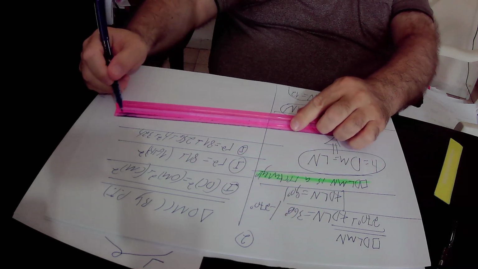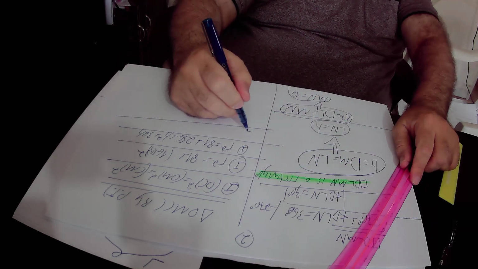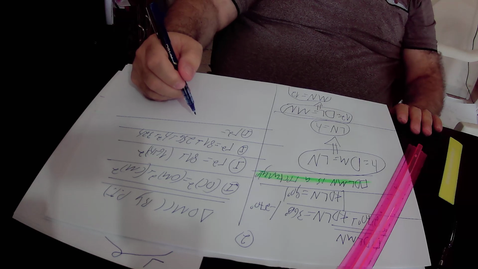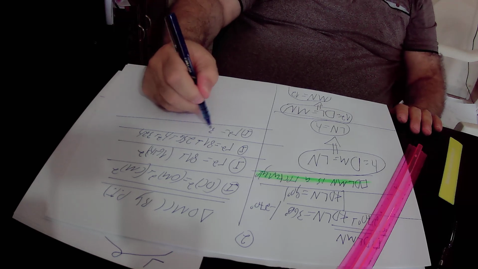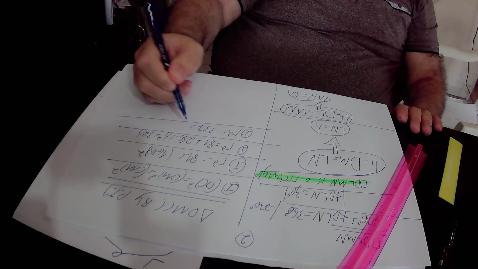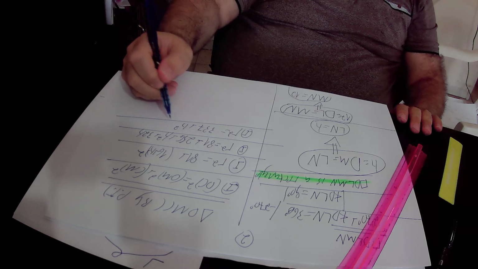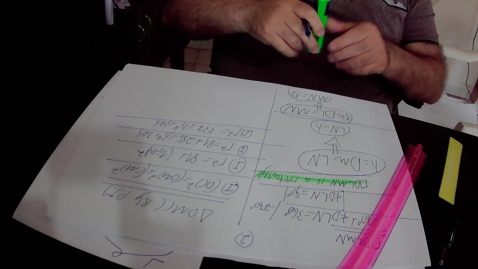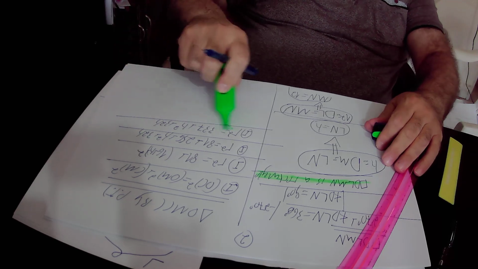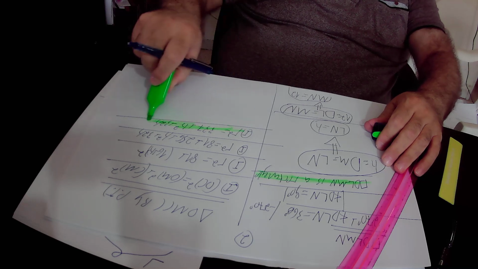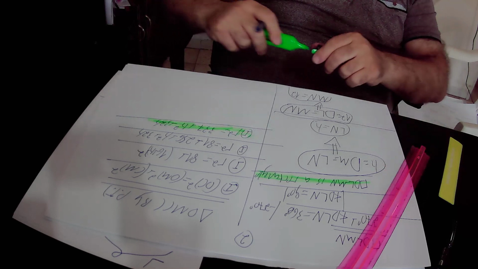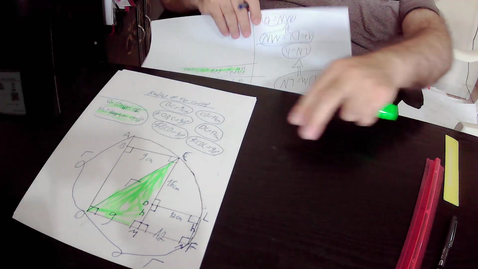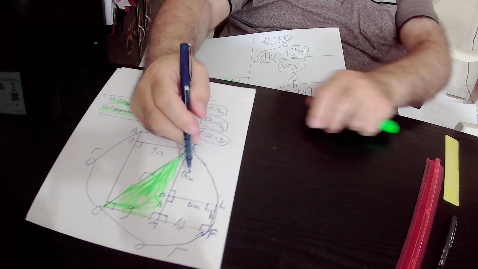So R squared equals 81 plus 256, that is 337, plus H squared plus 32H. So according to equation number 1, we found out that R squared equals 337 plus H squared plus 32H. In the next step, we join points O and L together by a straight line.